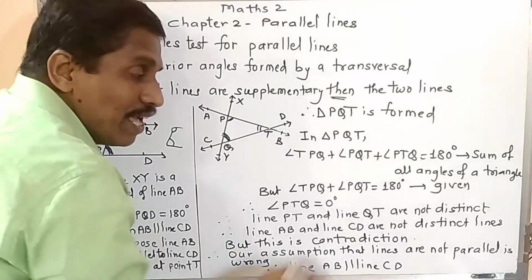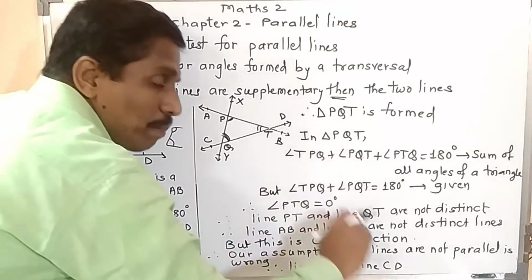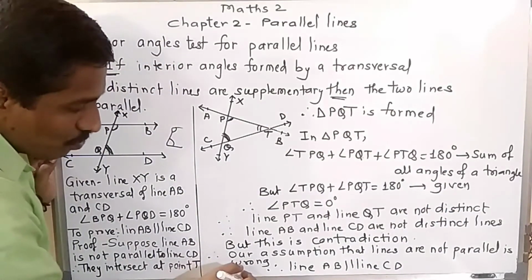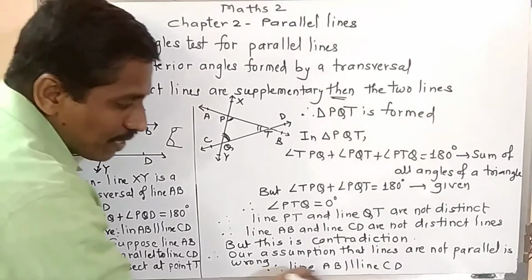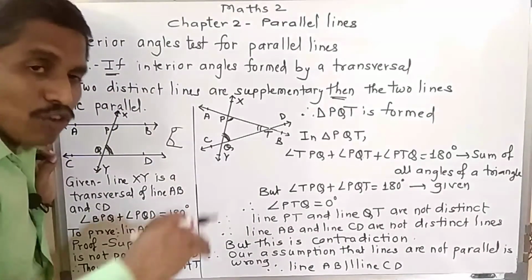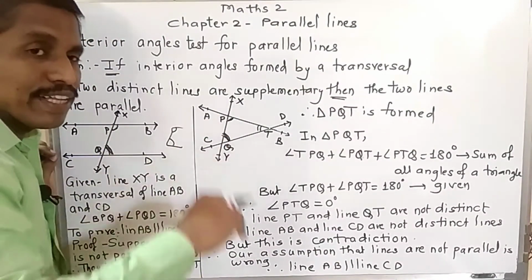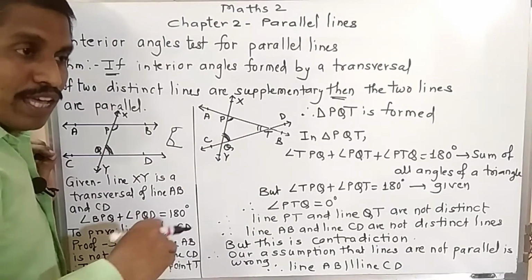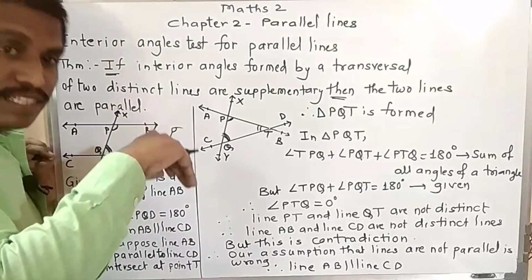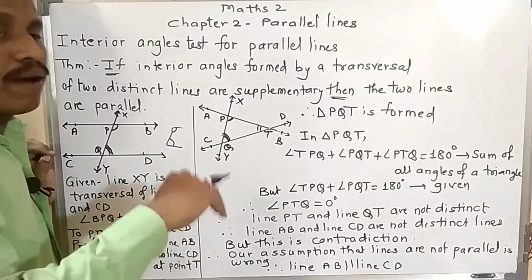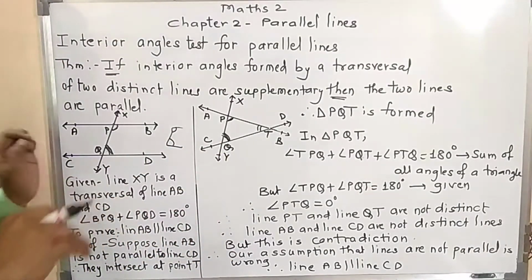Lines are not parallel. Line AB is not parallel to line CD is wrong, and therefore what we have proved is that line AB is parallel to line CD. This is called the interior angles test for parallel lines. Understood? If interior angles are supplementary, then those lines are parallel to each other.